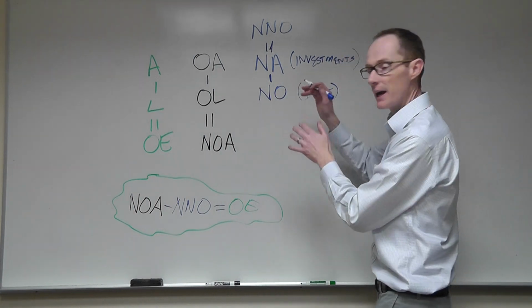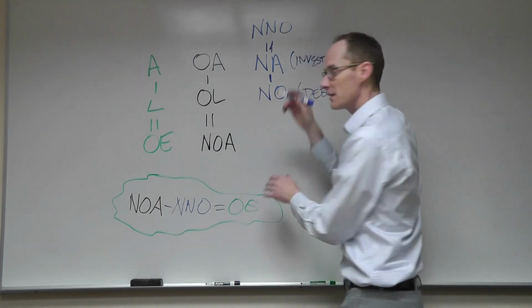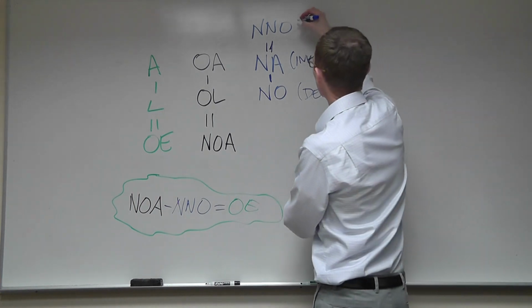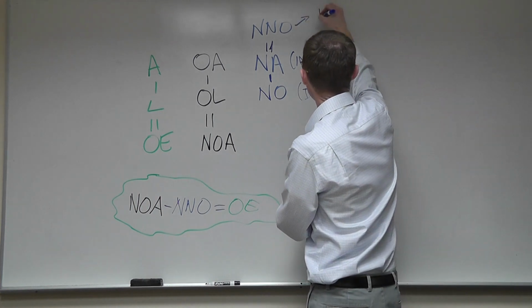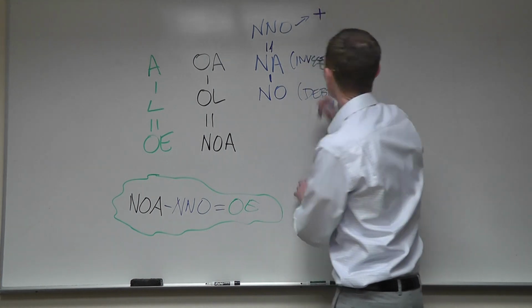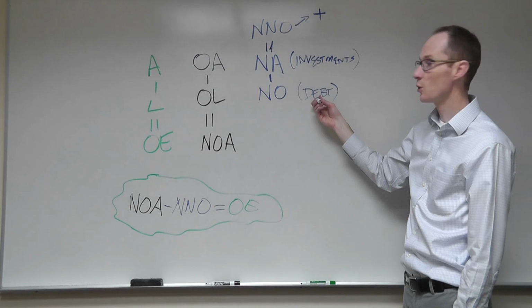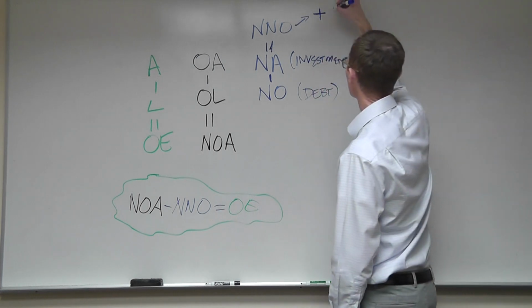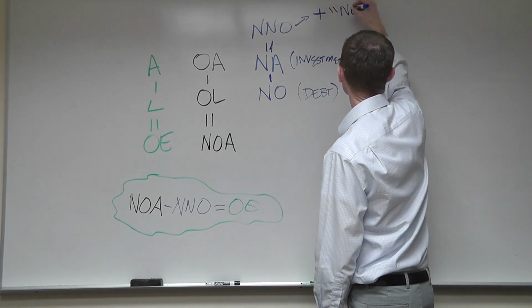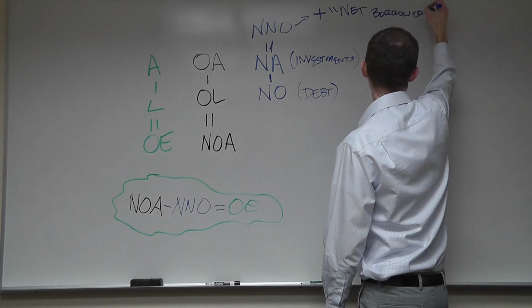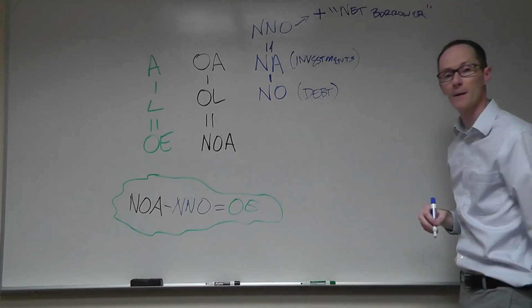So what we're going to find is we have to make a clear distinction here. When NNO is positive, it's positive when a company has more debt than investments. That's when we're going to call this a net borrower. Okay.